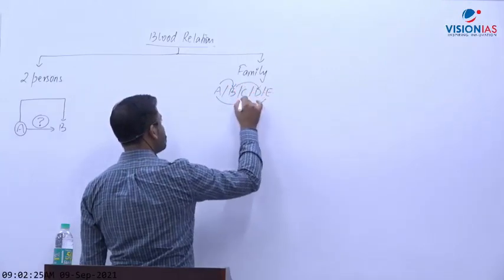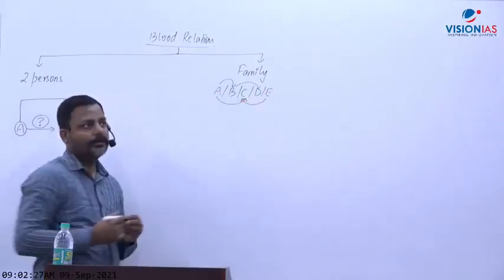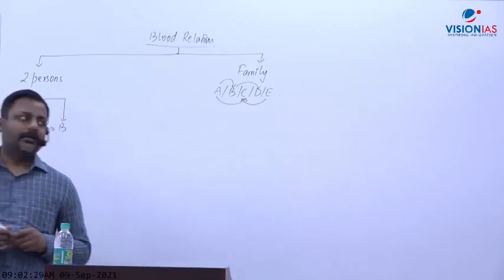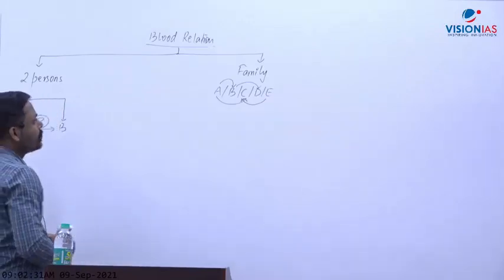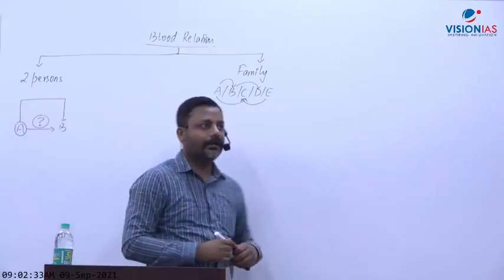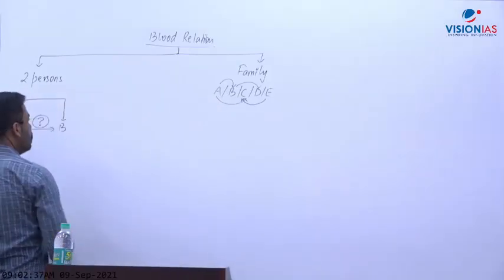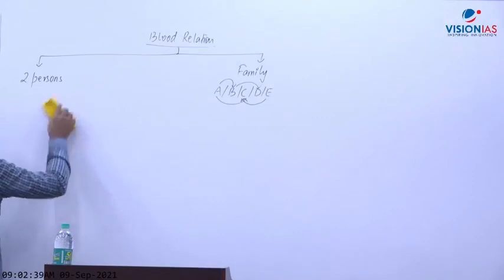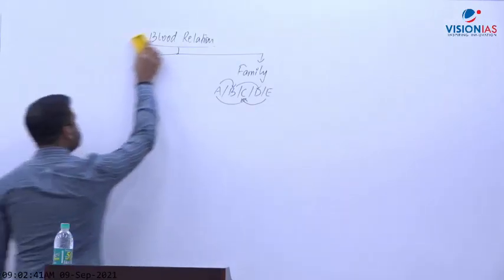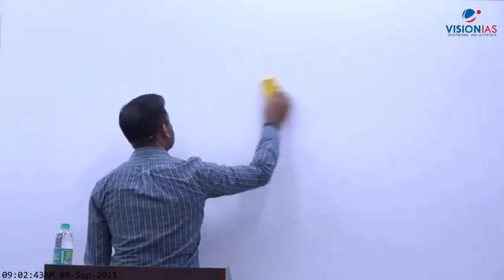On the basis of this particular information, here the relationship between any two persons can be asked, and we need to find the exact relation between the two persons. So, let's start. At first, we will discuss all the relations and how to solve a question.